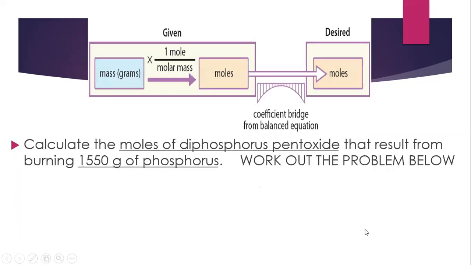Okay, let's look at this problem. Work out the problem on your worksheet so you know the problem. It has 1550 grams of phosphorus. This is our given. It says calculate the moles of diphosphorus pentoxide that result from burning 1550 grams of phosphorus. I'm giving you this reaction formula.